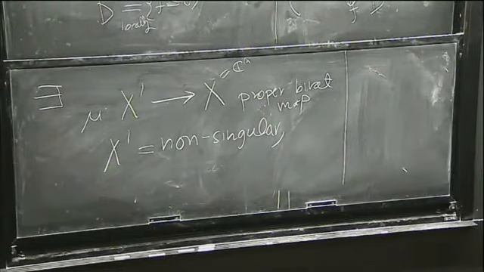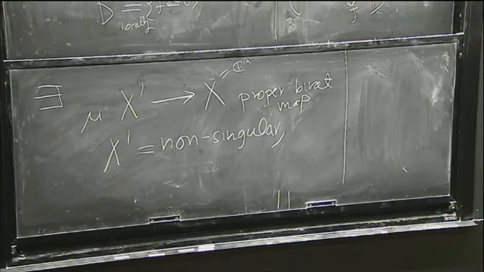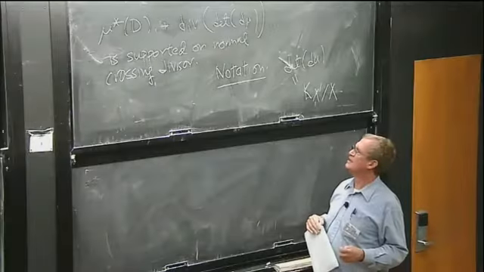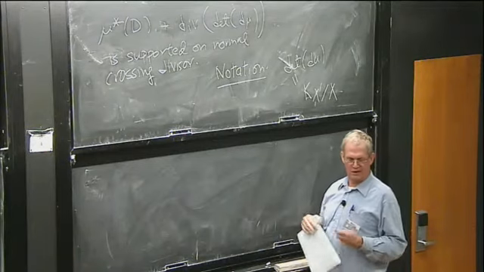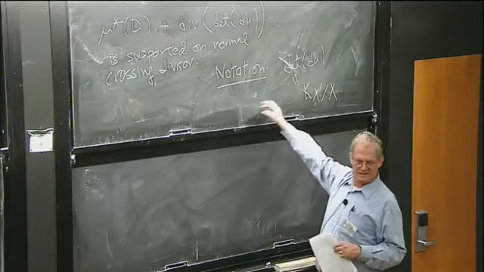It has normal crossing support. So what's the formula? The set of points that lie on D is given by a monomial equation in local coordinates. That's the formula.